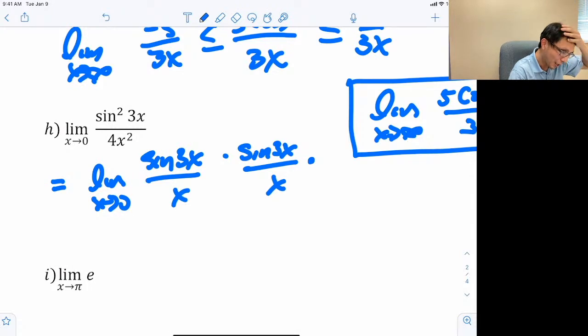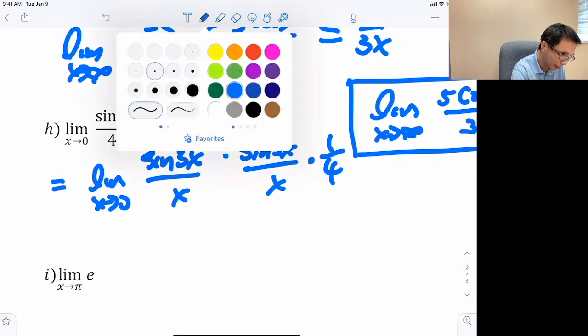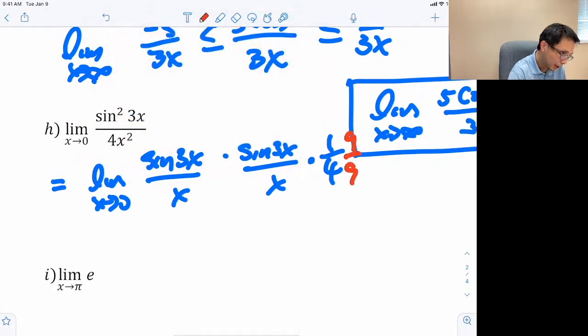Okay, so I'm going to have 1 over 4 here to make that happen. So I needed this part to be a 3. I need this part to be a 3. So 3 times 3 is 9, so I'm going to multiply this by 9 over 9.